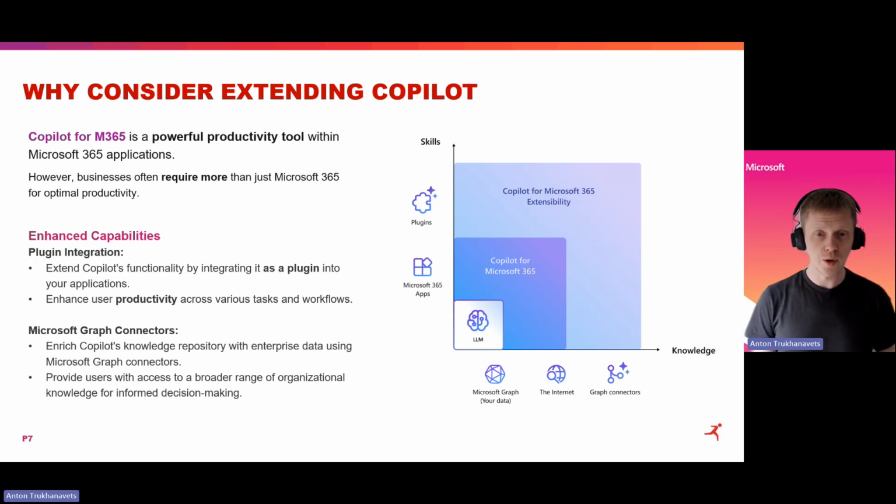But we also know, from our experience and from speaking with many customers, that a lot of processes and a lot of data are actually sitting outside of M365. Everyone is using tools like ServiceNow or Workday, Coupa, SAP, Oracle, probably. That's a lot of tools out there.